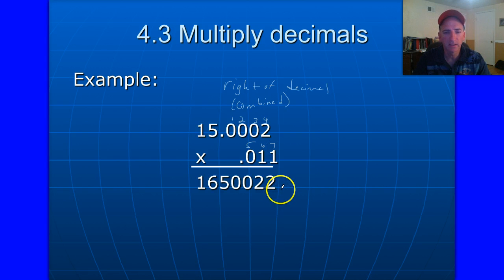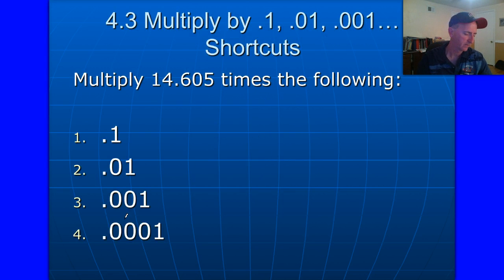So what you would do then is count, starting from right here, 7 spaces. 1, 2, 3, 4, 5, 6, 7 is right here, so the decimal would go right there. But again, we're going to do that with the calculator.